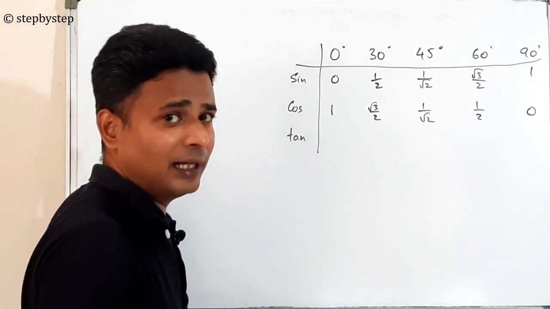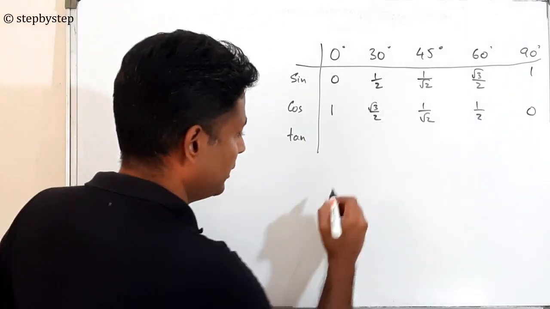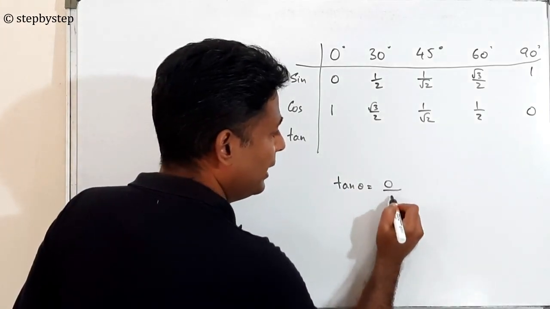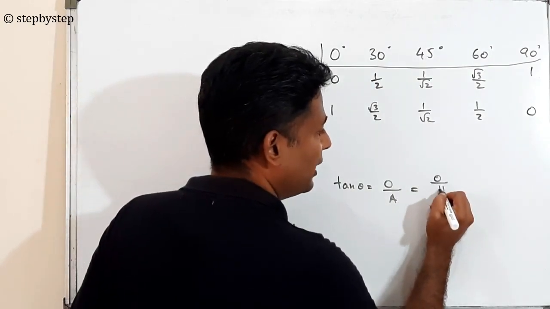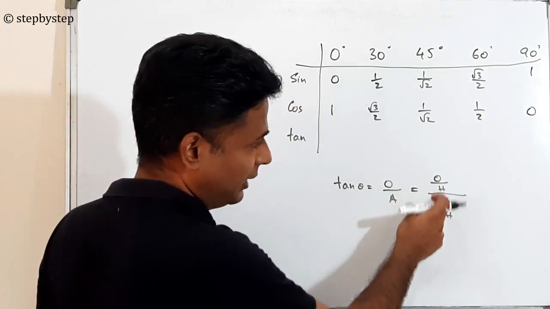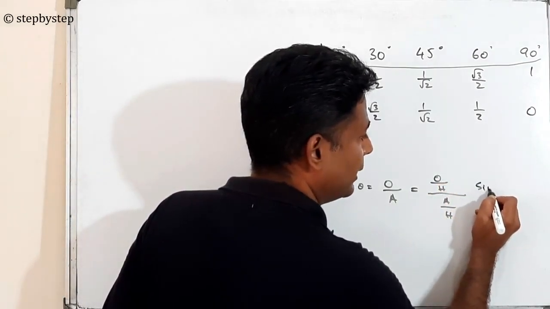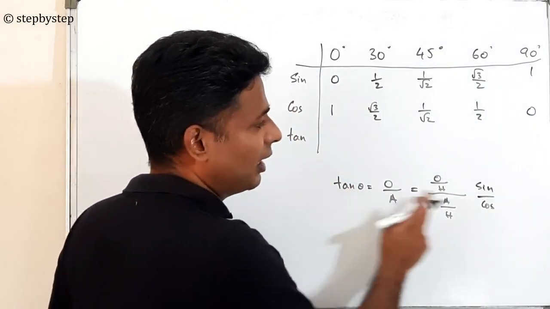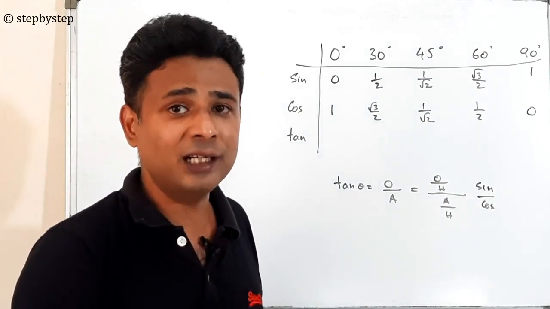Now tan. Okay guys, in trigonometric ratios, tan theta was opposite by adjacent, which can also be written as opposite by hypotenuse over adjacent by hypotenuse. Why? Because h and h will cancel, and in the end you'll get O and A. But what is opposite by hypotenuse? Sine. What is adjacent by hypotenuse? Cos. So tan theta can also be written as sin theta by cos theta. Very important thing.